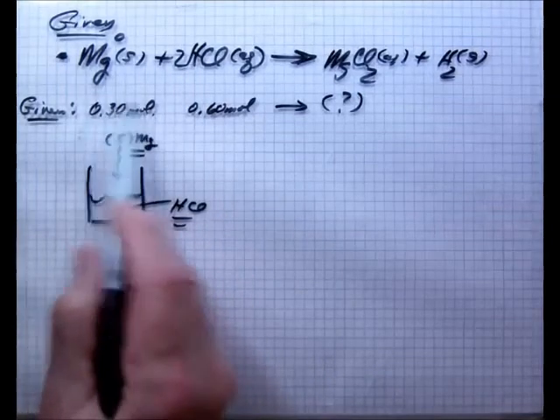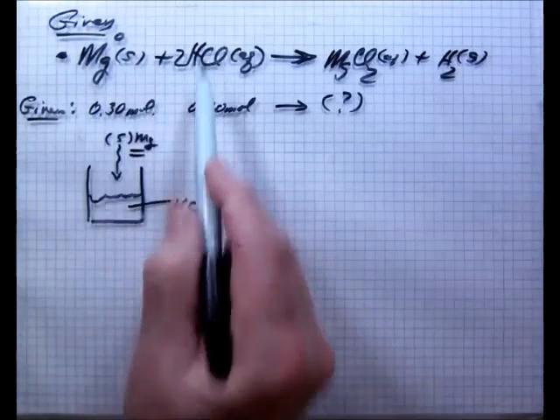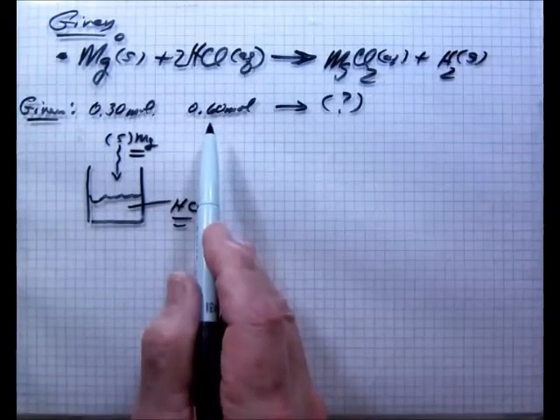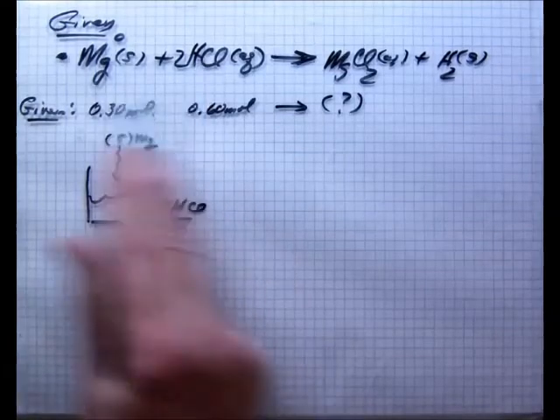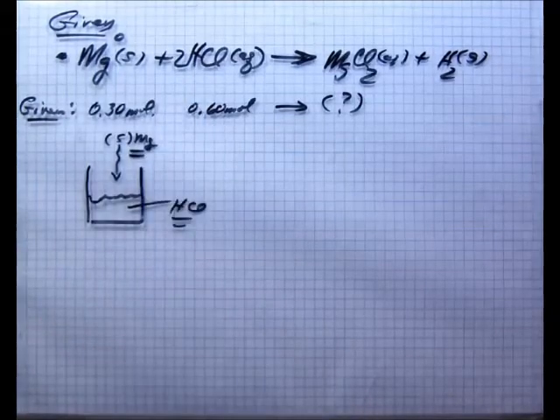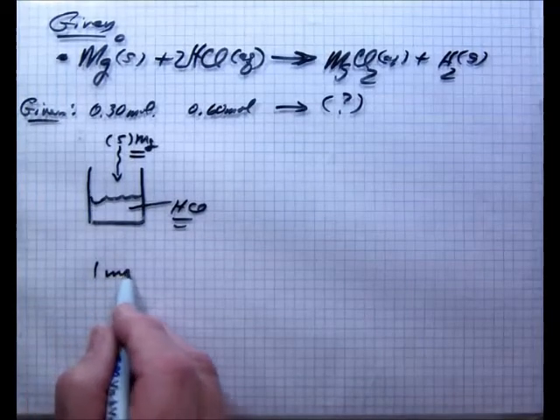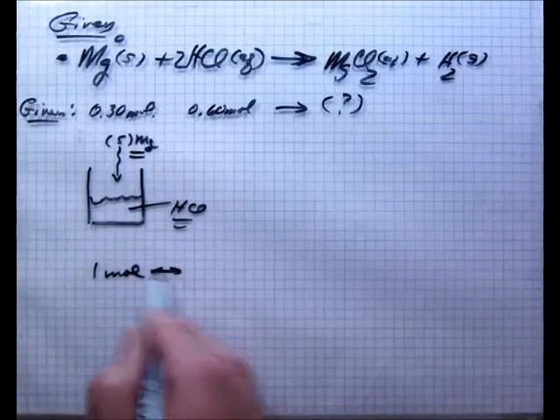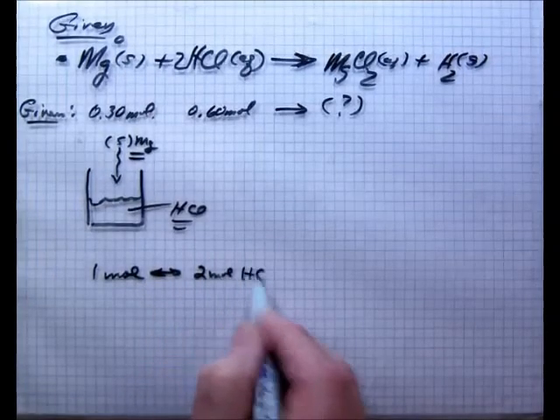So we didn't add 1 mole, but we added a 0.3 mole. The equation says the HCl that I will react with from this amount is twice, just like this. That's a simple linear ratio. 1 mole will react, that's the way I write it, with 2 moles of HCl.